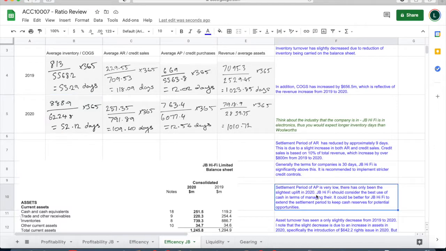So let's have a look at settlement of accounts payable. It's very low. There's been only a slight uplift in 2020 by 0.45 days, which is nothing. JB HiFi should consider the best use of cash in terms of managing their, that should say cash flow. Let's make that adjustment.